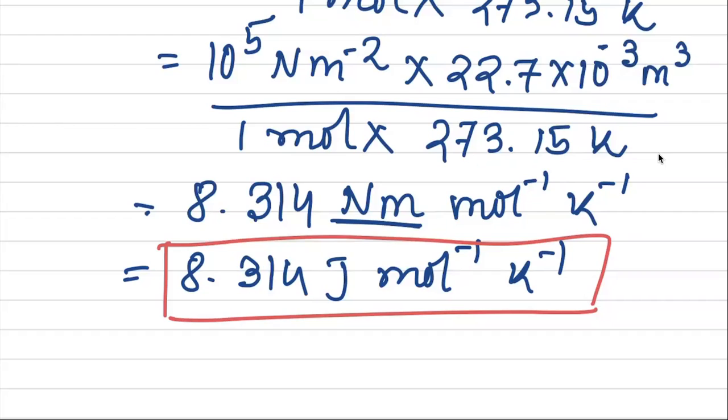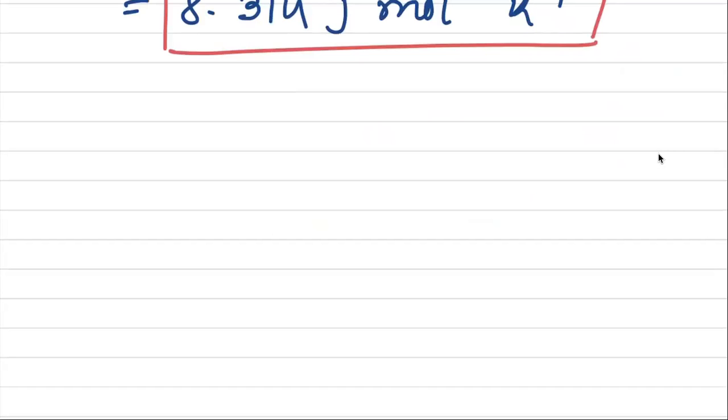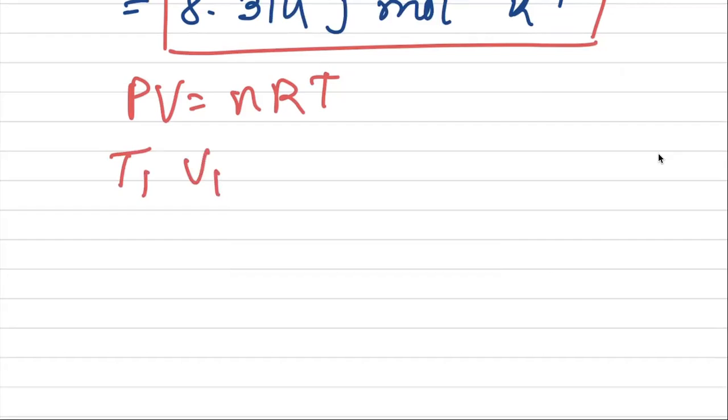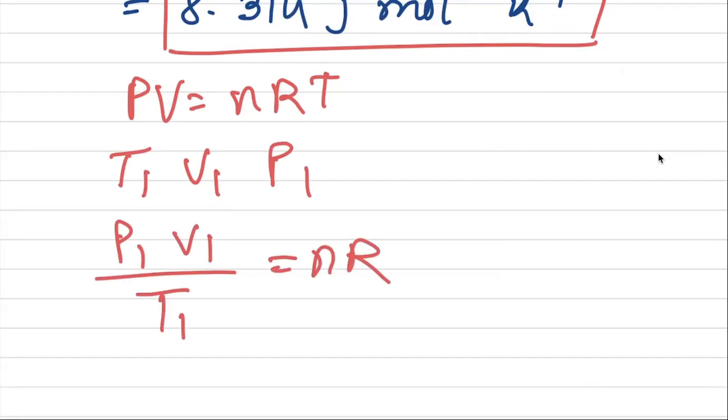Now we'll go to the ideal gas equation, that is PV equals nRT. So for the simultaneous variation of variables, if temperature, volume and pressure are fixed, and if temperature is T1, volume is V1, and pressure is P1, we can write P1 V1 divided by T1 is equal to nR.